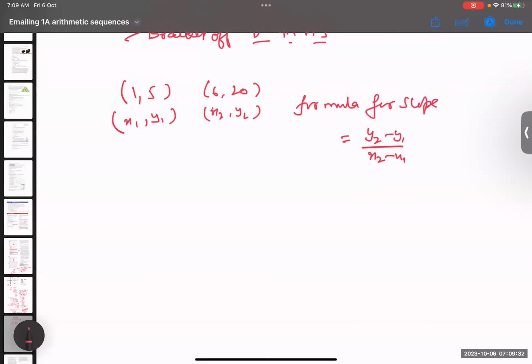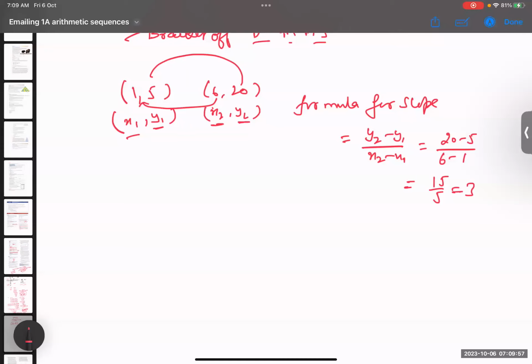First subtract the y points, then subtract the x points in the denominator. So 20 minus 5 over 6 minus 1, which is 15 by 5. The slope is 3.